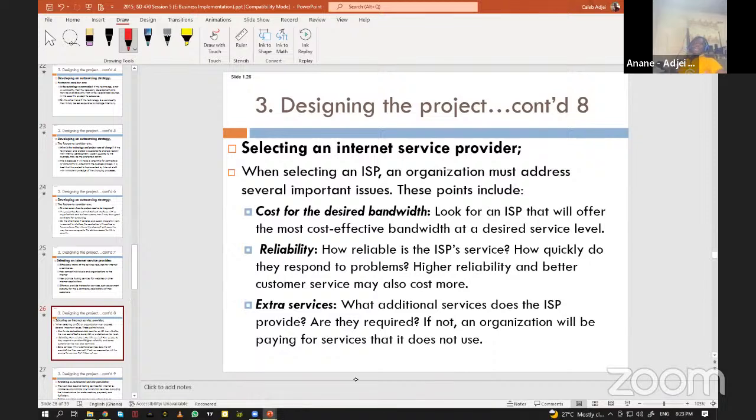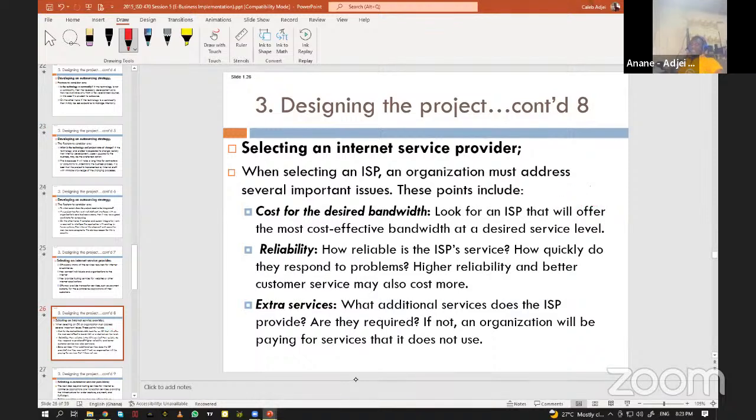In the corporate world, if you are connecting internet to your house, your premises or your organization, you are charged based on the speed of the internet they are providing to you. If they are giving you 1 megabyte per second, it has its cost. If you need 10 megabytes, it has its cost per second. So the speed of the internet will determine how much you are supposed to pay.